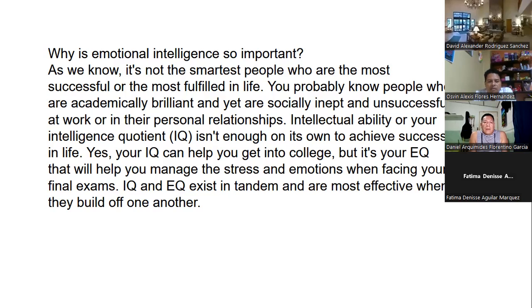Yes, your IQ can help you get into college, but your EQ will help you manage the stress and emotion when facing your final exam. IQ and EQ exist in tandem and are most effective when they build off one another.